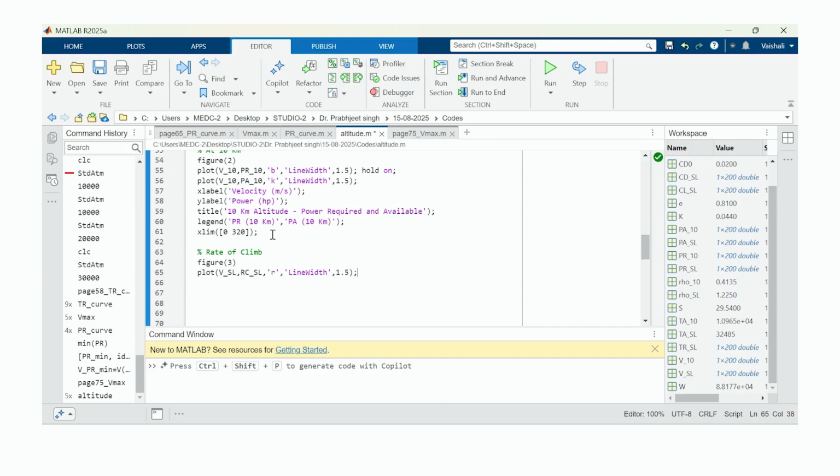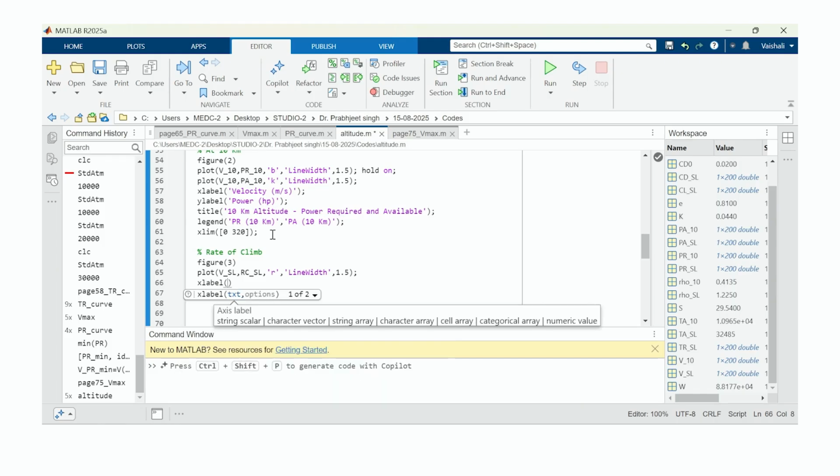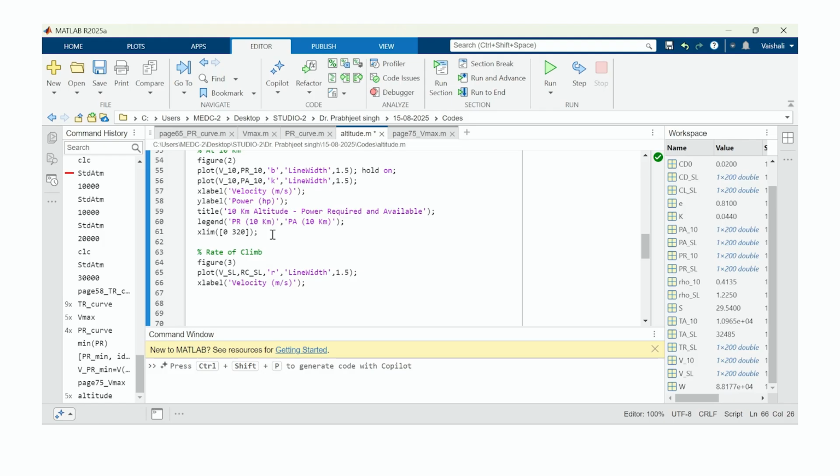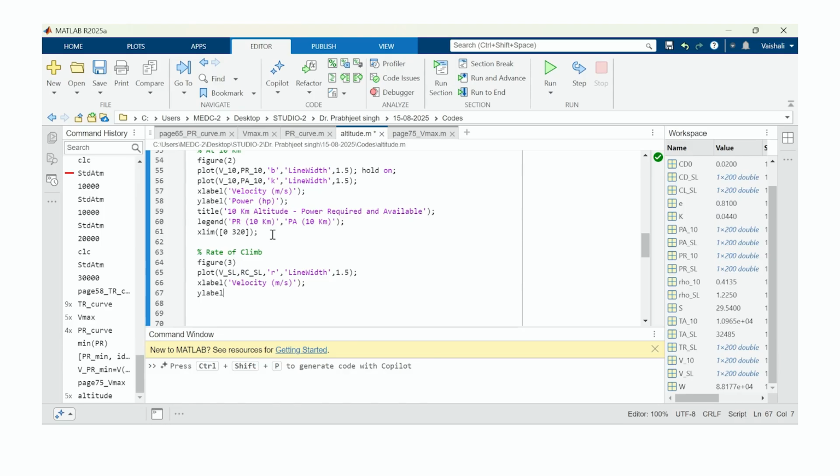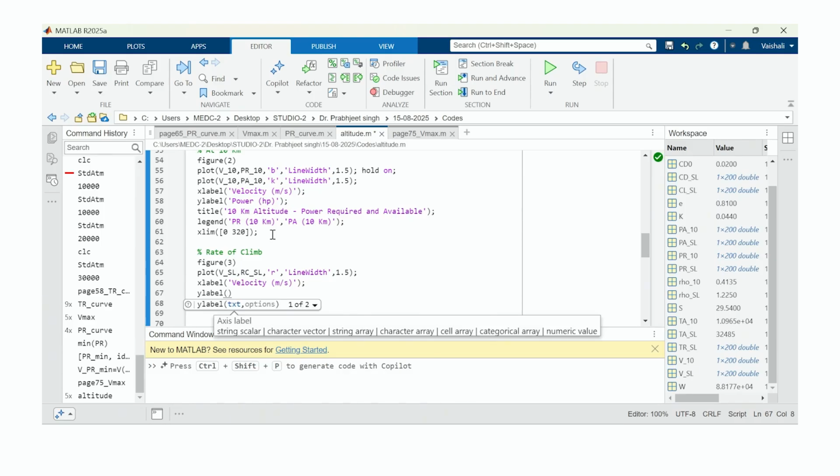Okay, this is the plot. X label is velocity in meters per second. And Y label is rate of climb in meters per minute.